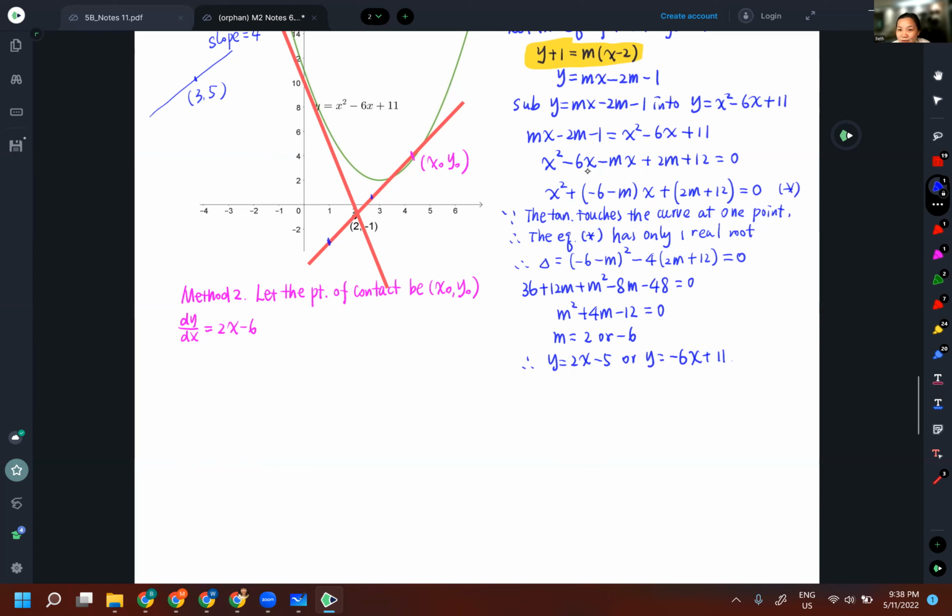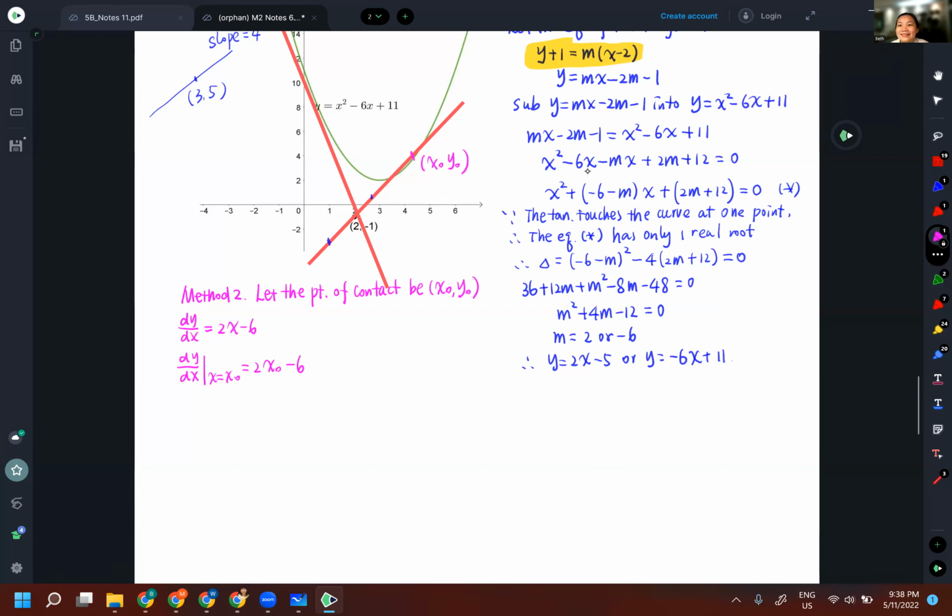But without the point of contact, even if I do the substitution, I still cannot find the slope. The slope has x0 in it. It's unknown.